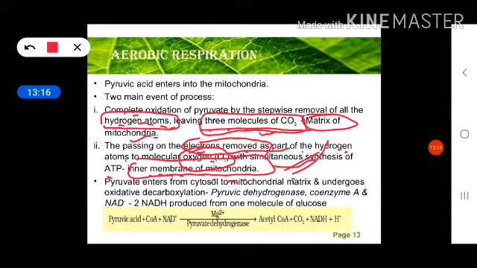So this acetyl coenzyme A now enters into the Krebs cycle. Krebs cycle is also known as TCA cycle or the tricarboxylic acid cycle, because the first stable product of this cycle is a tricarboxylic acid, or you can say 3 carboxylic acid groups are present in the first product of the Krebs cycle, therefore it is known as TCA cycle.